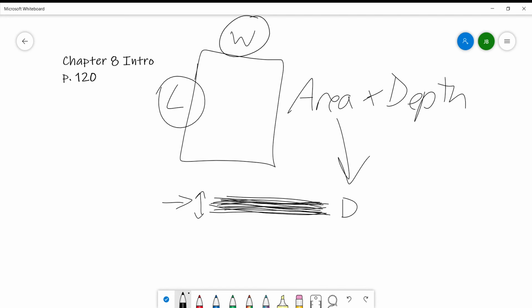Conceptually, I know for some of you this might seem like second or third grade stuff, but this is for the number sense that we're trying to develop. When we're asking how much volume something takes up, how big something is, we're saying there's a certain amount of area, and then there's depth to that area. So there's this much area times how deep it is, right?